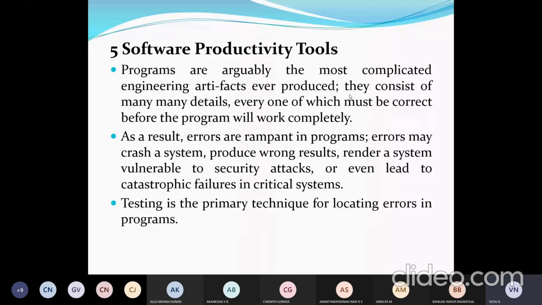Some errors may crash a system or produce wrong results, or some applications may have security attacks. Everything has to be taken care of before writing a program.